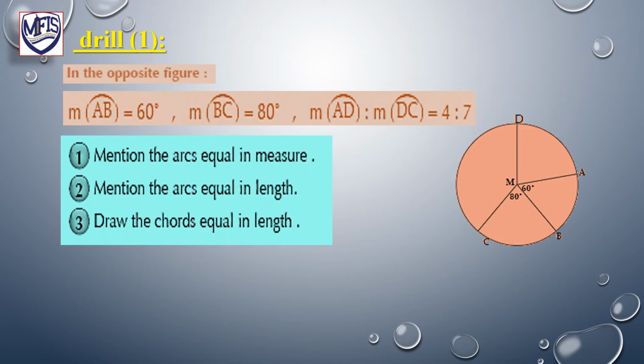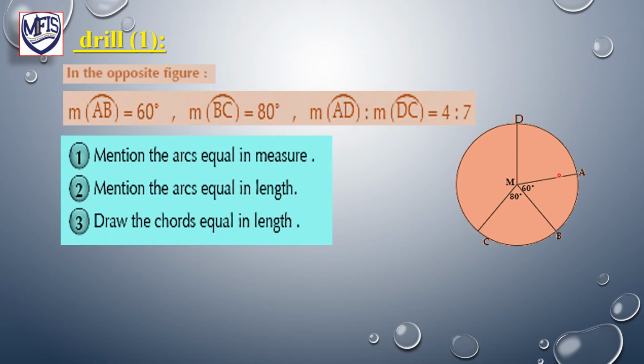Where is the arc equal in length? Let's see. To mention arcs that are equal, I want to find the measure of all arcs. I want to find the measure of arc AD and the measure of arc DC.